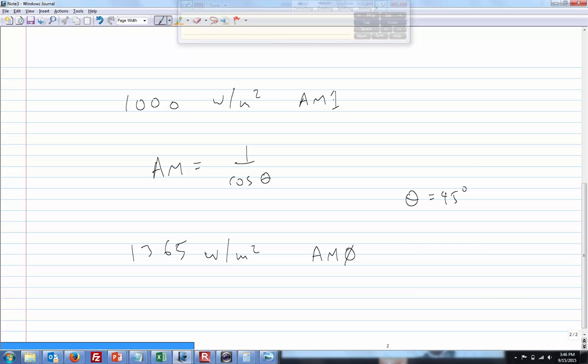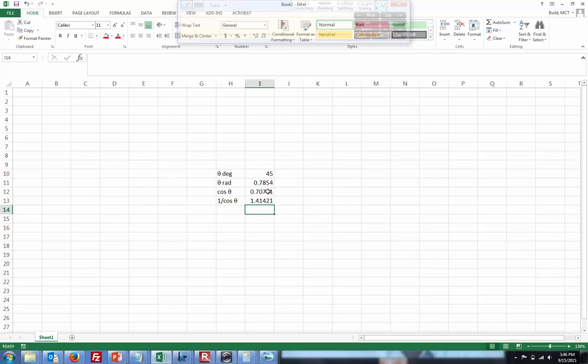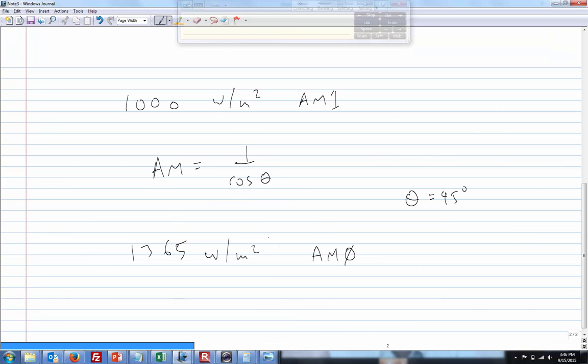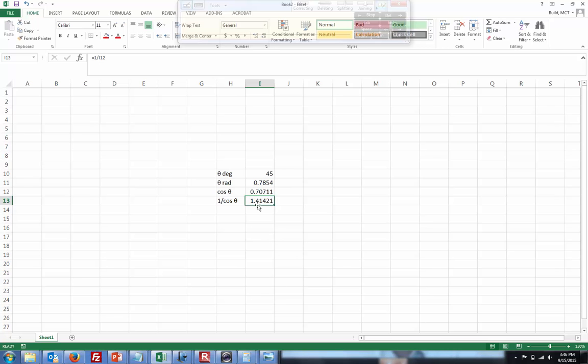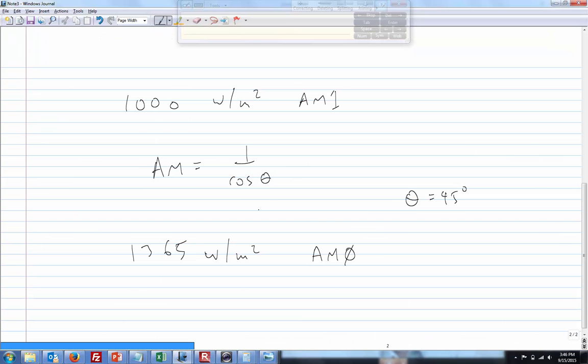Now, we can check those two numbers too. Let's just do that really quick. And you can see that those don't agree exactly either. If they did, this number would be 1.365, right? So it's not a perfect science, but that's the definition.